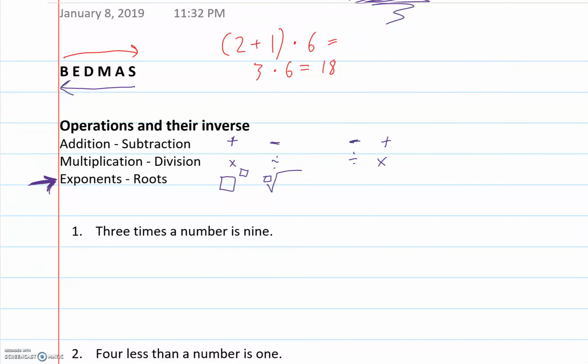So, 3 times a number is 9. I put a dot for times, and n for number, equals 9. So this is our equation. We got that from the words: 3 times a number equals, or is, 9.